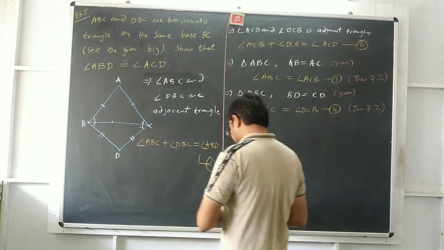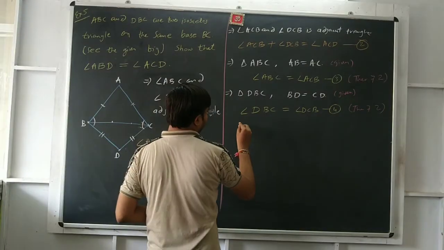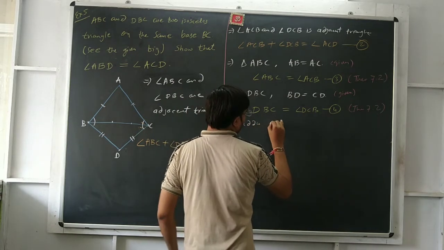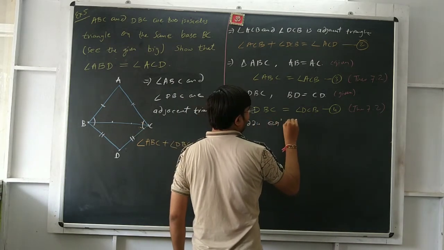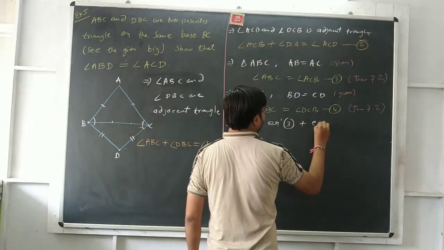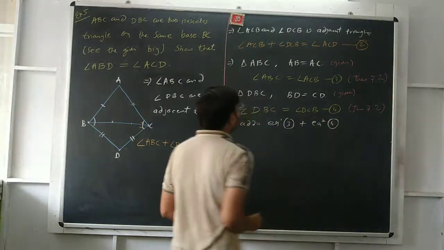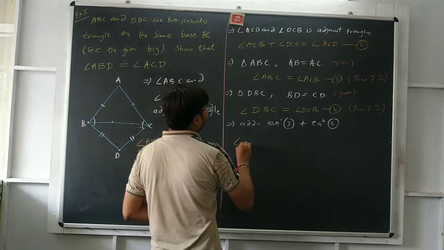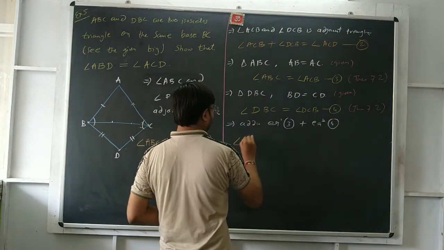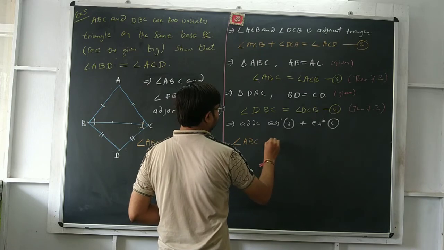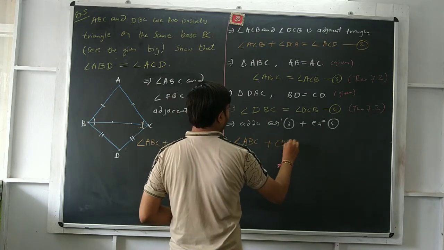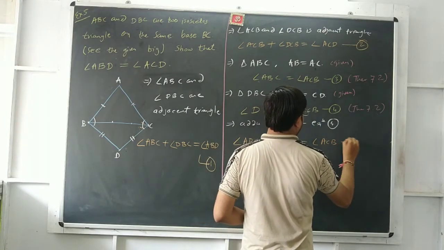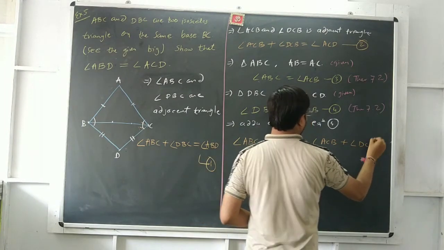So I can add equation number 3 plus equation number 4: left hand side to left hand side, angle ABC plus angle DBC, and right hand side to right hand side, angle ACB plus angle DCB.